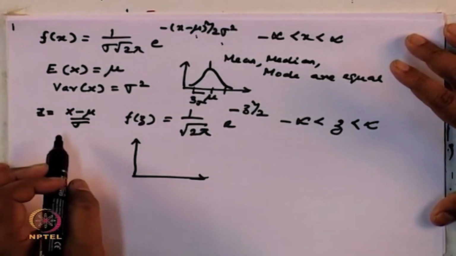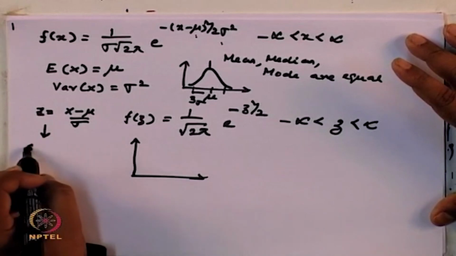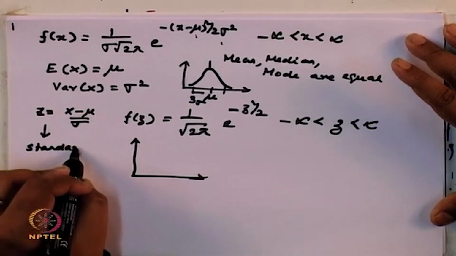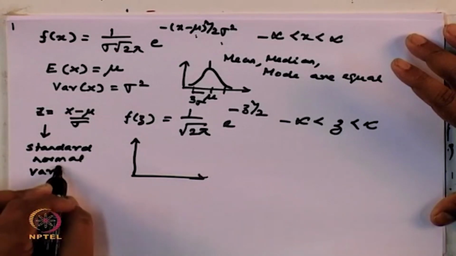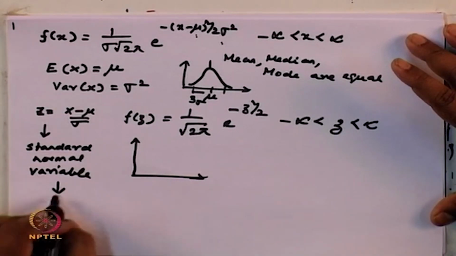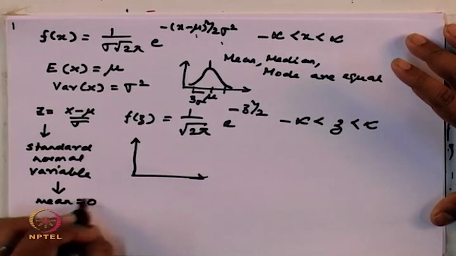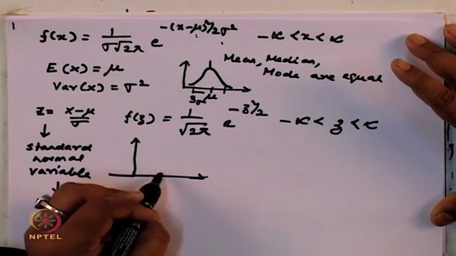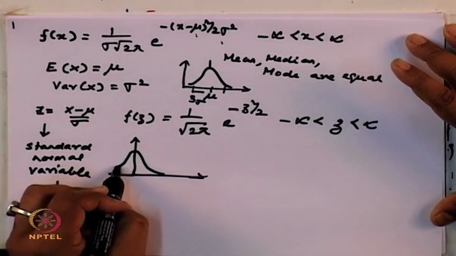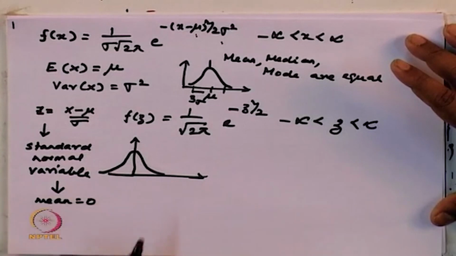For the standard normal variable, this has mean of 0 and variance of 1. Okay. So, this will be centered at the origin, and it will be symmetric.